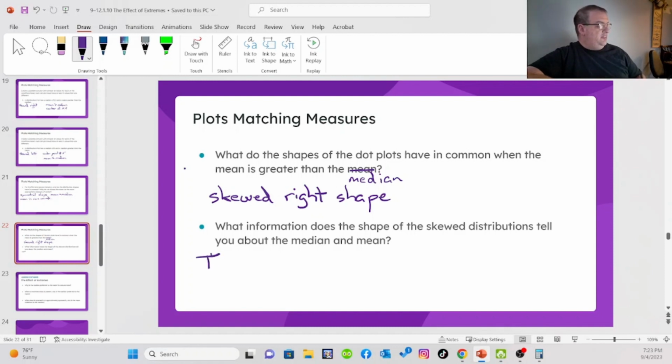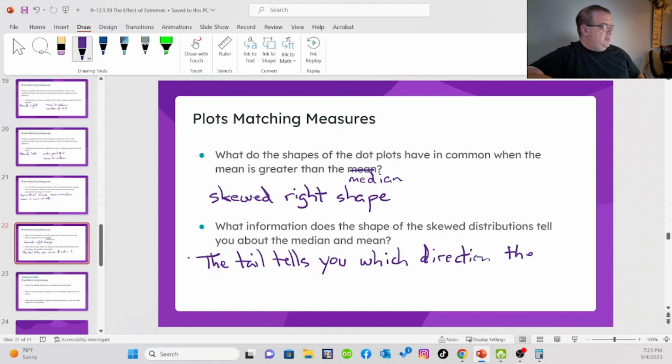So the tail tells you which direction the mean moves.